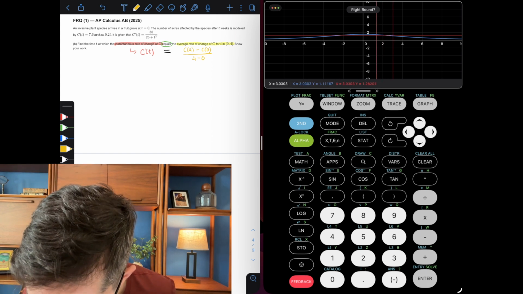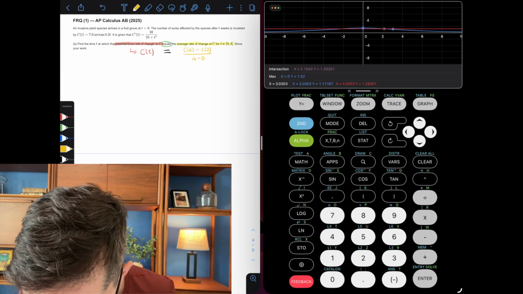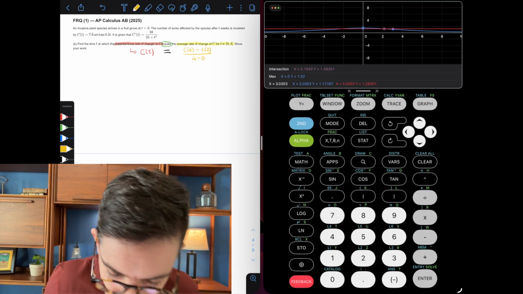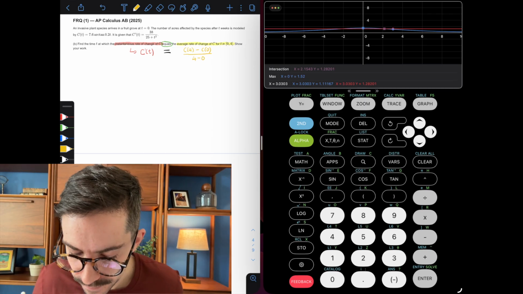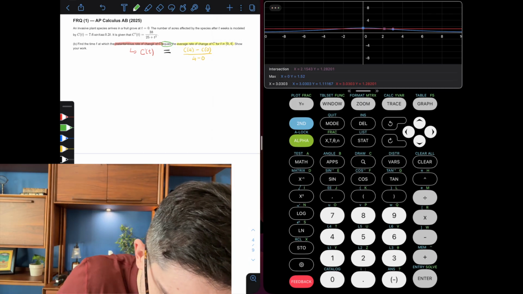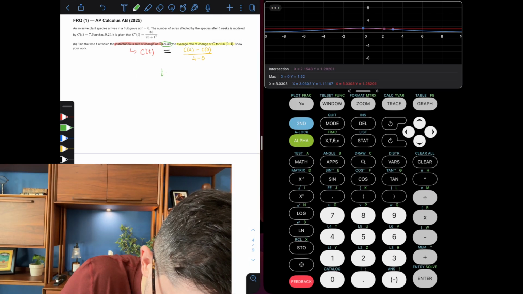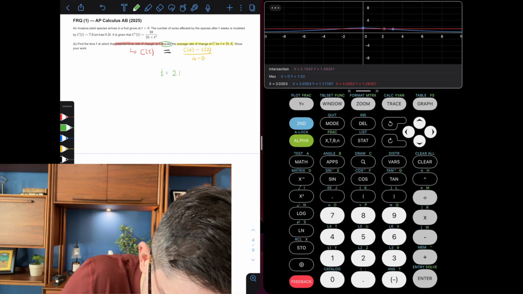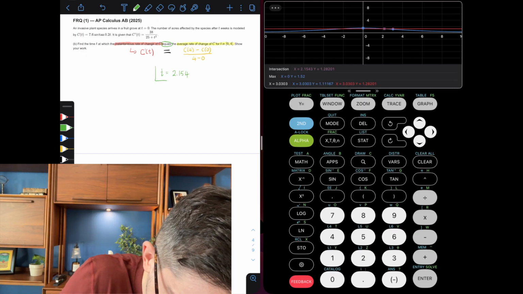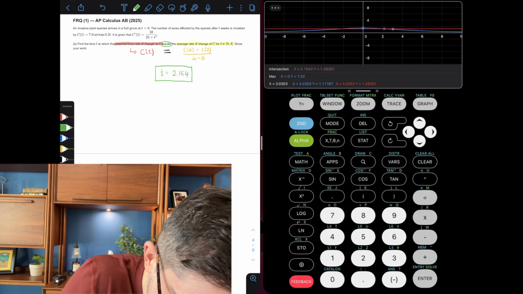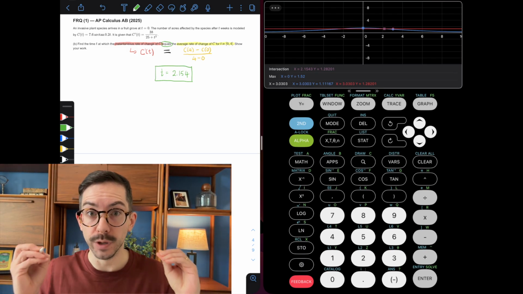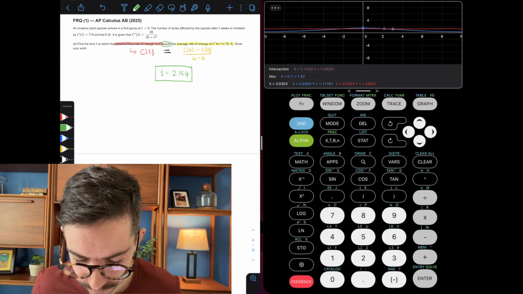This app's a little bit different. And then a guess. And so what I end up with is 2.154 as the solution here, as the time where these two expressions are equal.